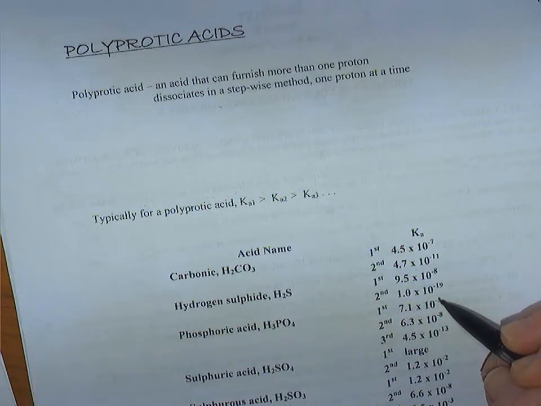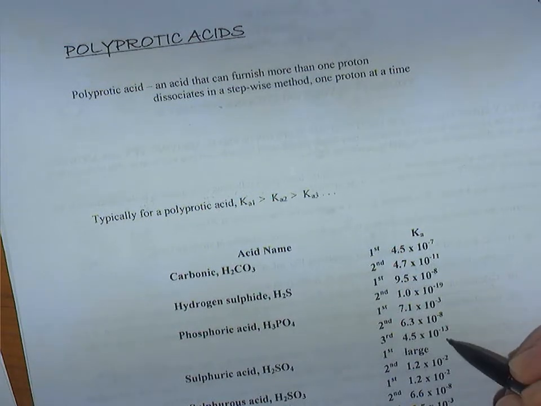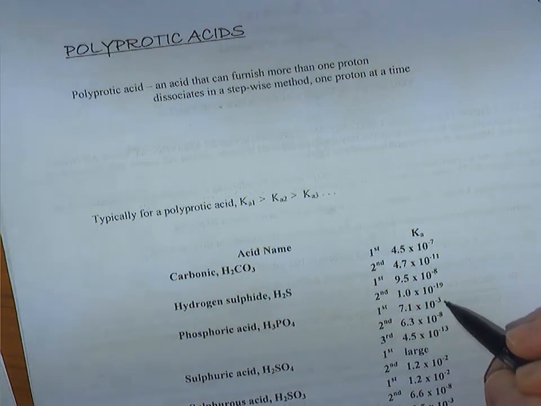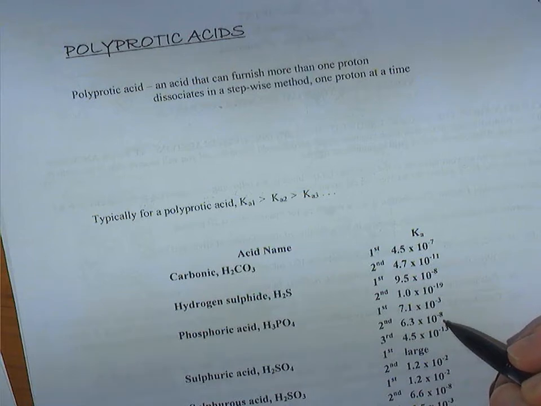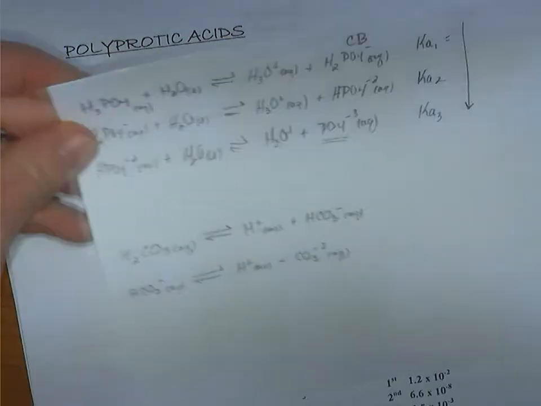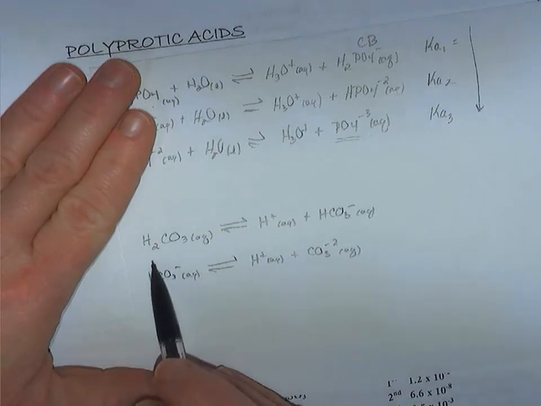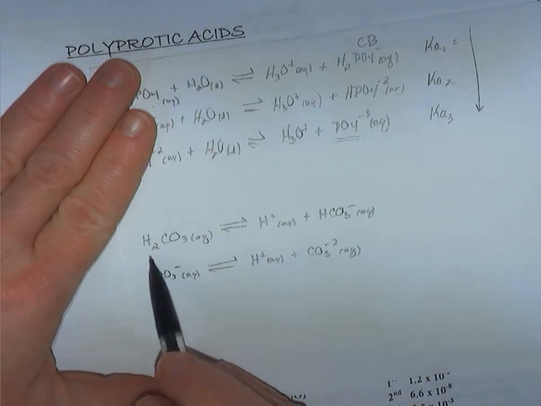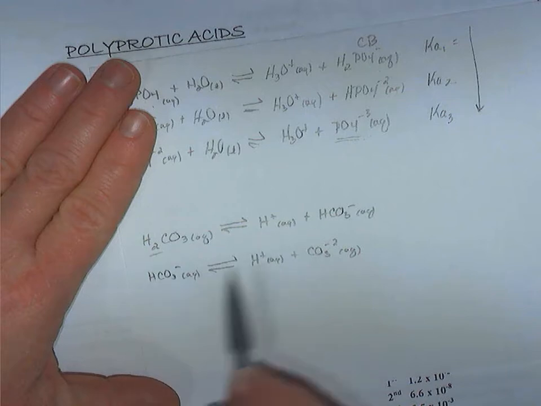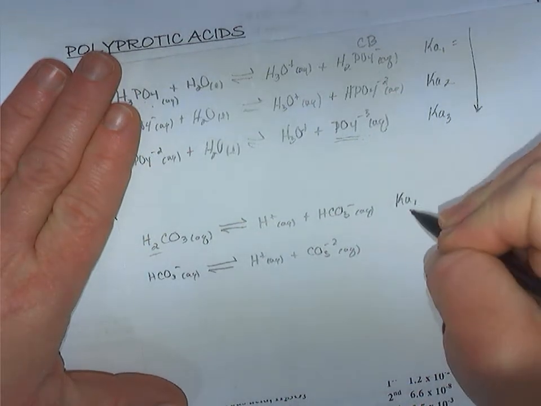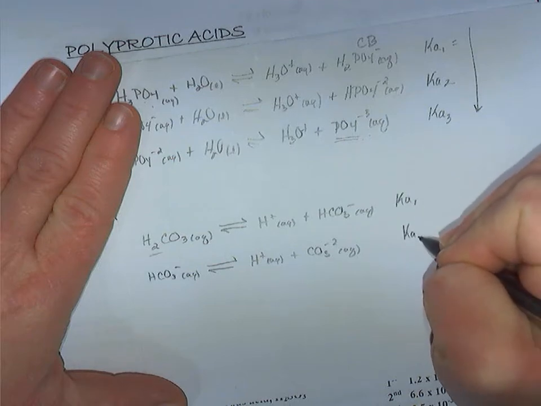So usually the consecutive Ka values decrease in strength by at least 10 to the 3rd, so about 1,000 times weaker in its ability to ionize. Most acids that we'll deal with that are polyprotic are diprotic, so we'll just have two ionizations, Ka1 and then Ka2.